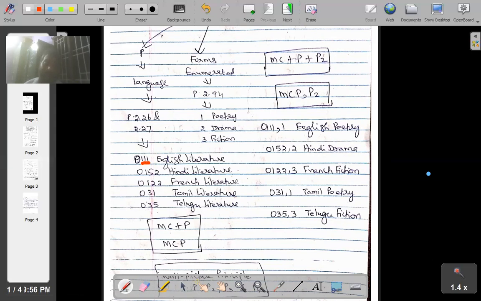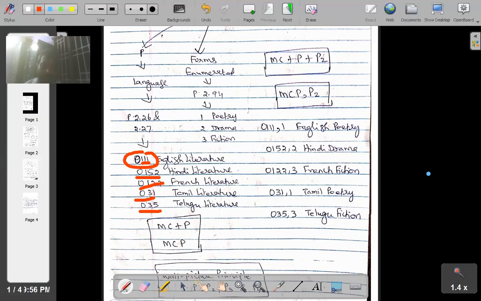I'm just adding it to main class O, and that becomes O111, English literature. In the same way, O152 Hindi literature, O122 French literature, O31 Tamil literature, O35 Telugu literature.